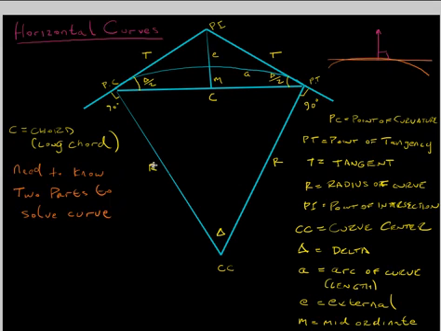Usually a plan will give you two parts of the curve so you can solve for everything else. It'll give you the radius and the delta. Sometimes they'll give you three parts just to make sure that one thing isn't on the plan wrong, or something like that. So you need to know two parts.